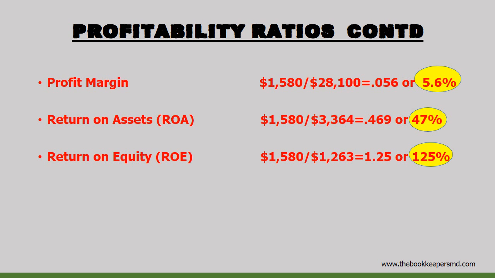Here are our numbers. So by looking at our profit margin, as we can see, it's 5.6%, which is extremely low. Our return on assets is approximately 47%, which isn't bad, and our return on equity is 125%.